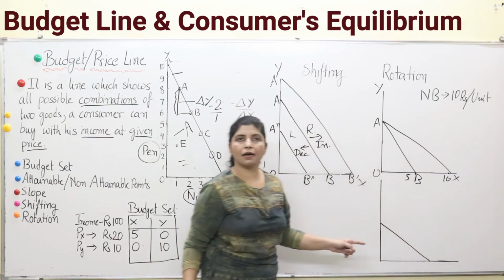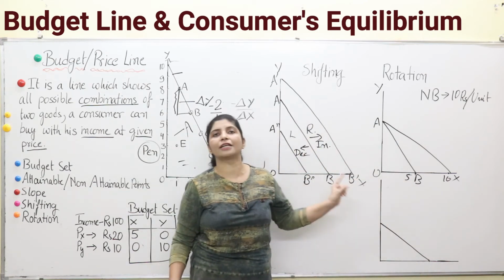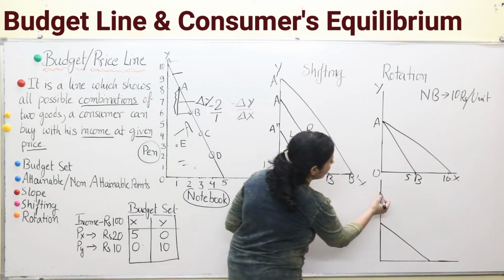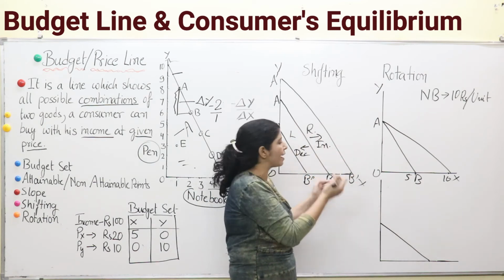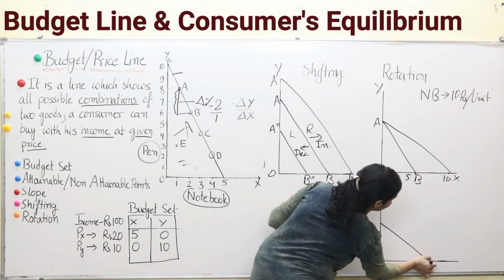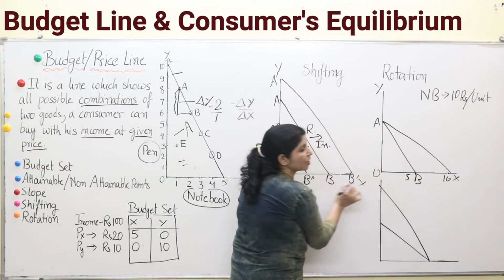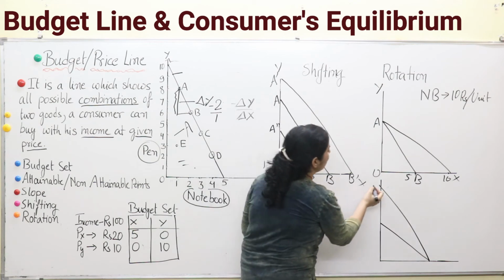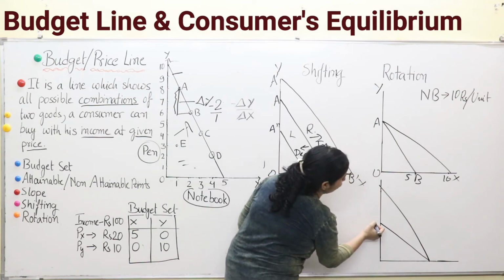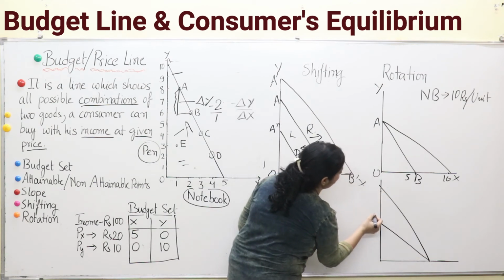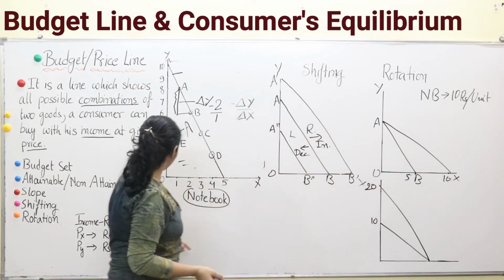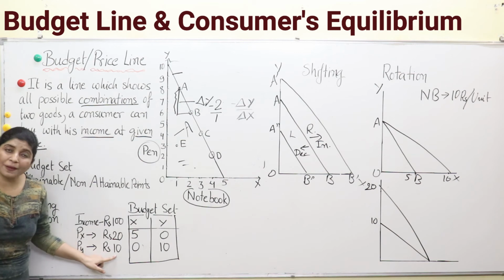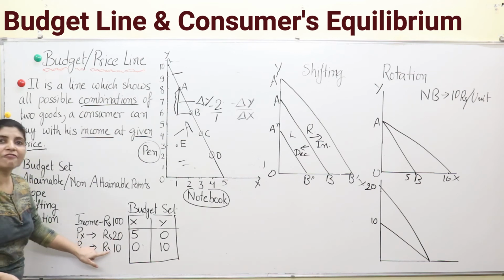Now if the price of Y commodity decreases, you can buy double the amount, or whatever the increased amount of Y commodity, and your price line will rotate in this direction, towards your Y axis. So here it was, suppose, 10 units, and now you can buy 20 units of pen in case the price of pen decreases from rupees 10 per unit to rupees 5 per unit.